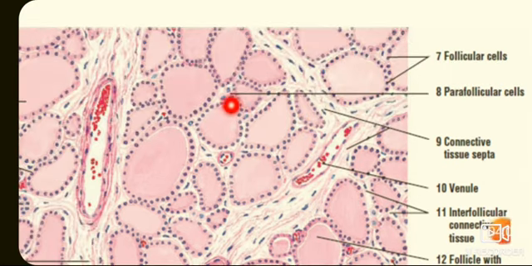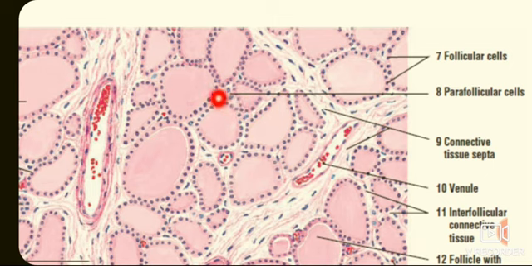Another cell type, known as parafollicular cells, are seen between the follicles or within the follicle, but these cells do not touch the colloid, do not touch the lumen of the follicle.